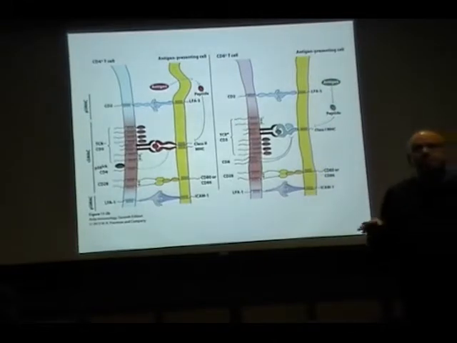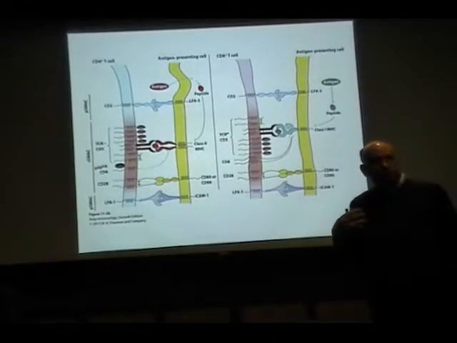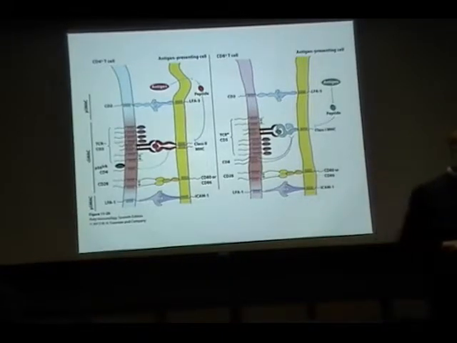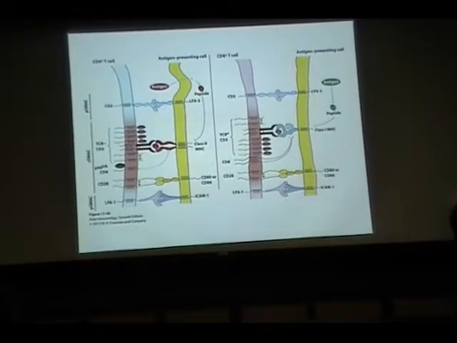Everyone good with that? I haven't introduced you to what these proteins are yet. It's written here, but I haven't introduced them yet. And the objective here is to share with that CD4 T cell information about the pathogen, so that CD4 T cell can make a decision.